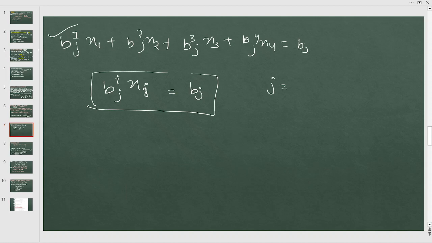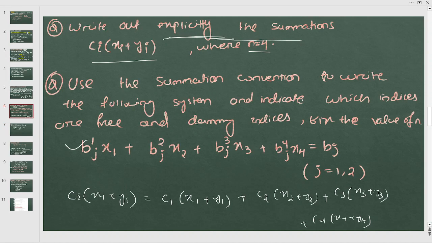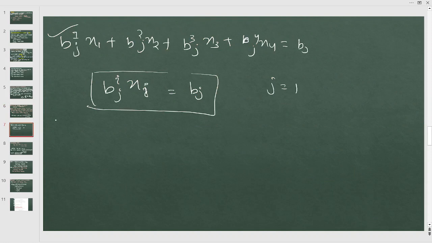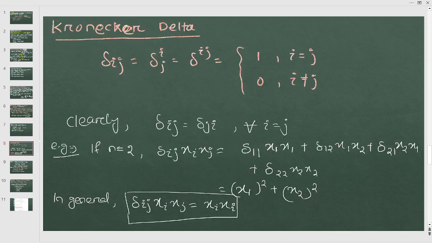Here j is given, from 1 to 2, so you simply write j equal to 1, 2. This is how you write the summation convention. The free index is j, and the repeated index, that is your dummy index, is i, isn't it? Yes.